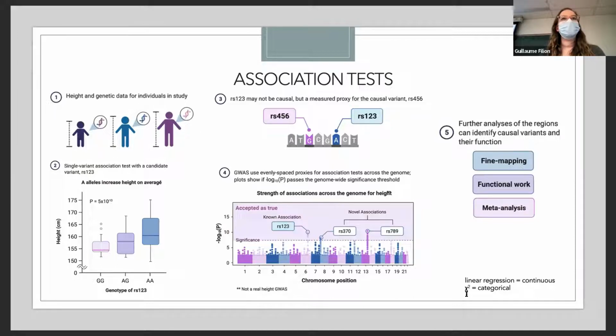Just adding to that question. Let's say RS123 was number 1 on the Manhattan graph. Would that mean it's not causal? So on the x-axis, you mean? This is the chromosome position, so that's just showing where the RS6 is, on chromosome 6 in a certain position.